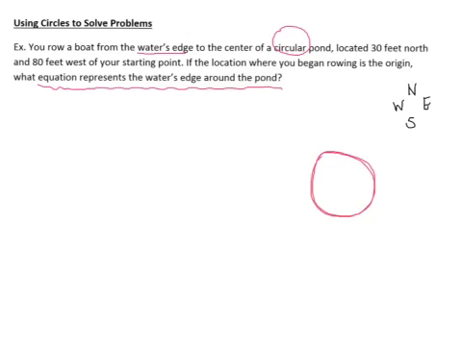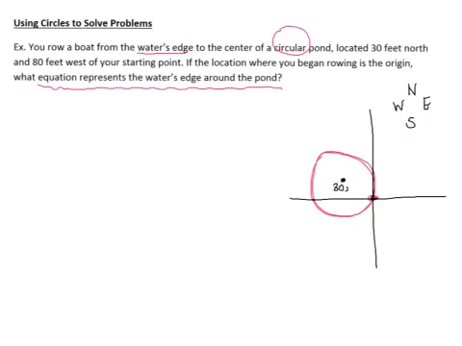Okay, so if we began rowing, and we'll say we began right here, and this is our origin on our graph. And it says that we row to the center of the circular pond, so we'll make this our center, and it's located 30 feet north, so this is at the point 30, comma, and 80 feet west.